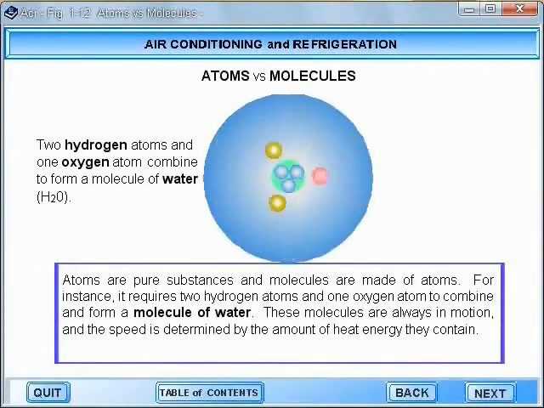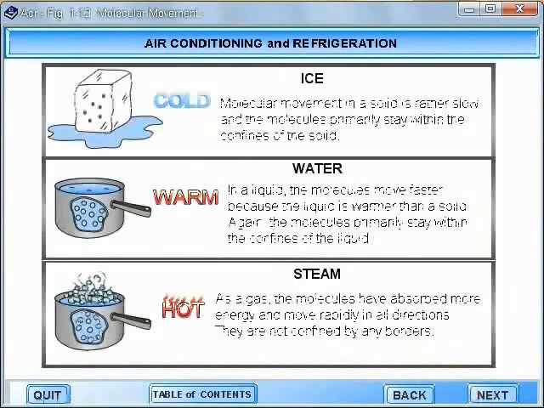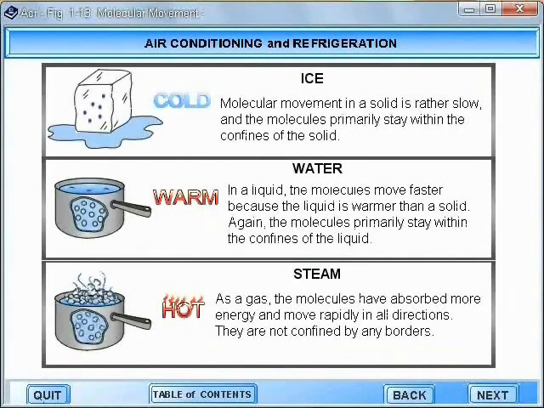Atoms are pure substances, and molecules are made of atoms. For instance, it requires 2 hydrogen atoms and 1 oxygen atom to combine and form a molecule of water. These molecules are always in motion, and the speed is determined by the amount of heat energy they contain. Molecular movement in a solid is rather slow, and the molecules primarily stay within the confines of a solid.